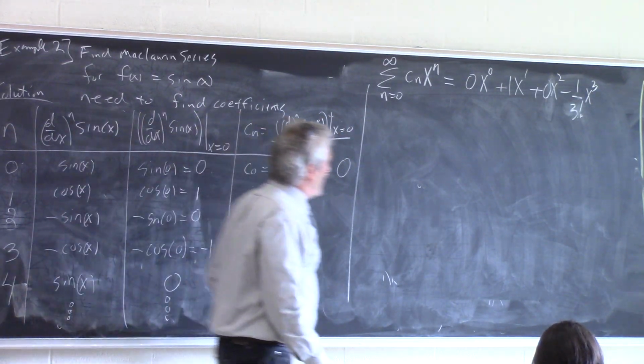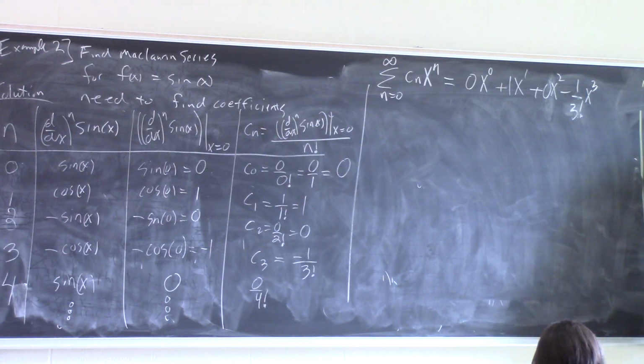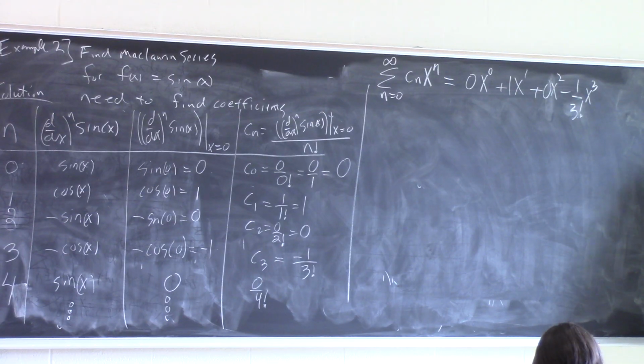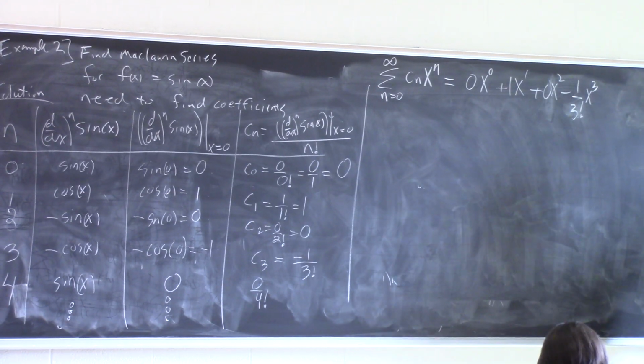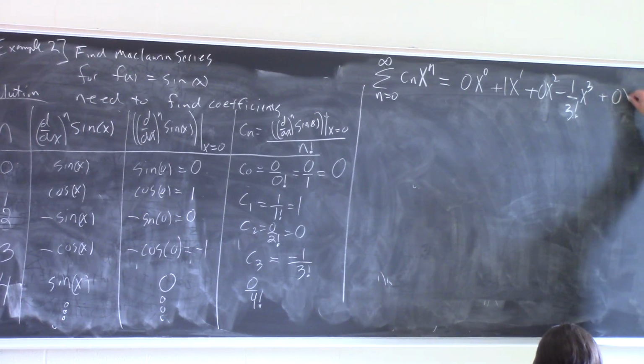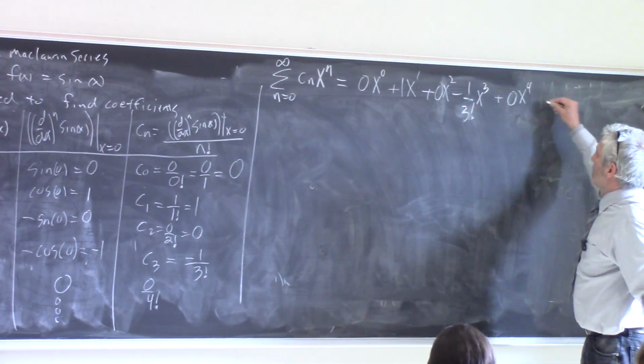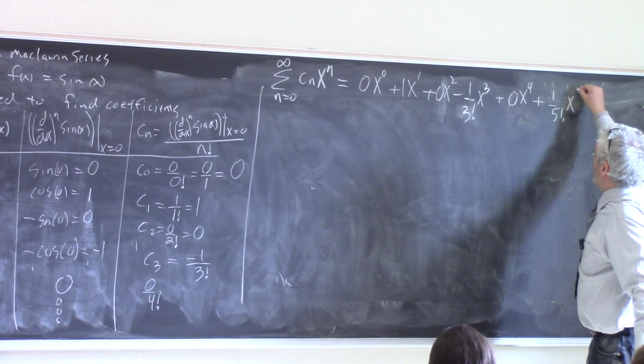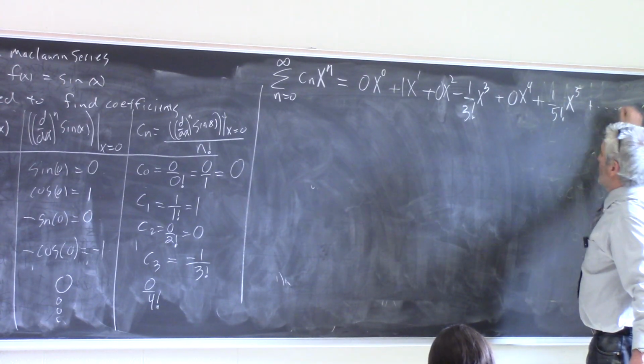I'm going to write out a couple more terms just so we get this pattern. So I'm going to have 0 times x to the fourth, and then I'm going to have a plus 1 over 5 factorial x to the fifth, and so forth.